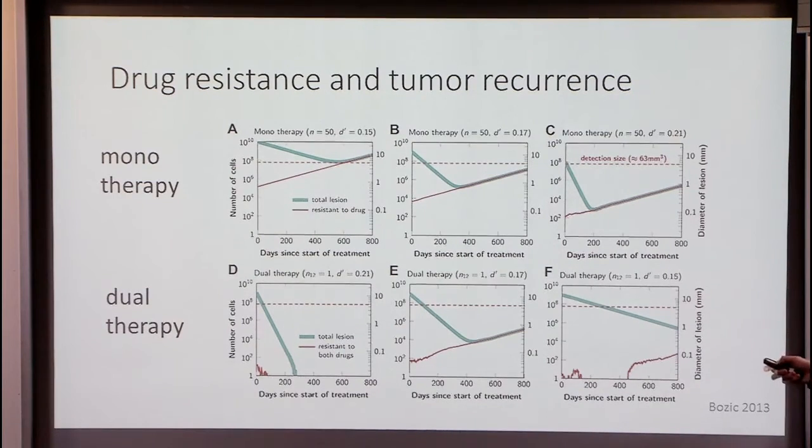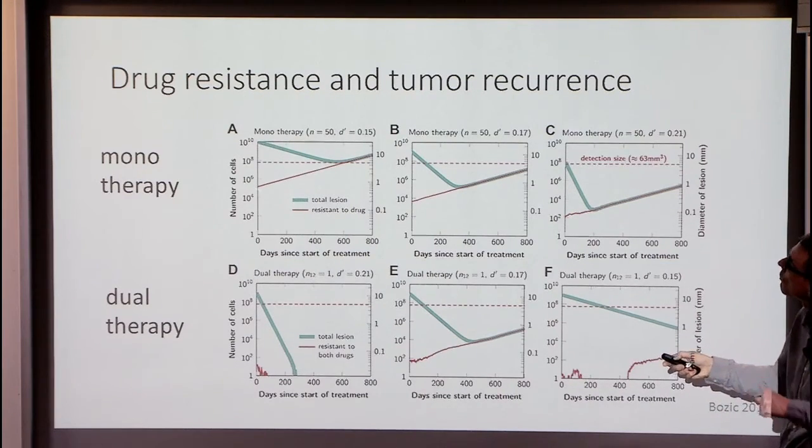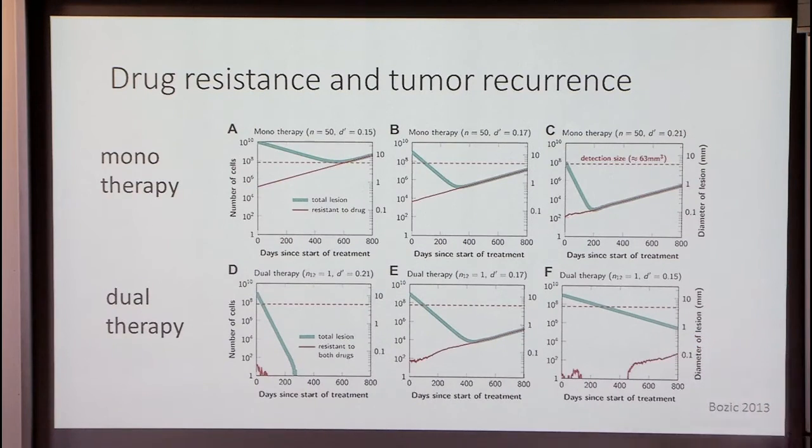The total tumor load is shown here in this greenish color, and the subpopulation of resistant cells is shown in red. As you see in the top row, depending on the parameters of the model, you have a much harder time reducing the load of the tumor and also preventing the development of drug resistance, which eventually will lead to recurrence of the tumor.